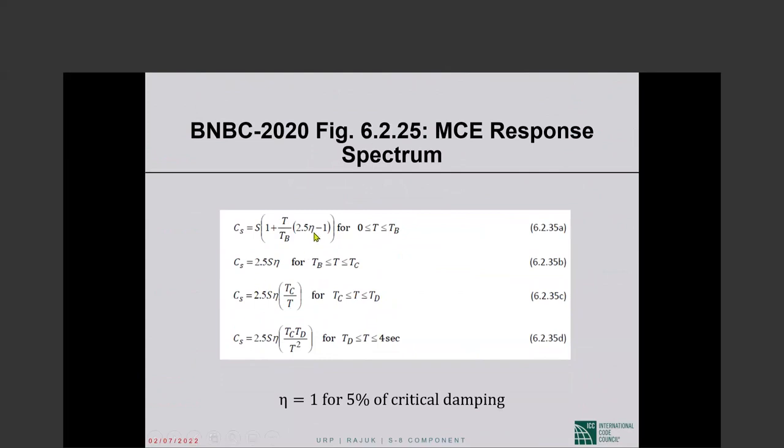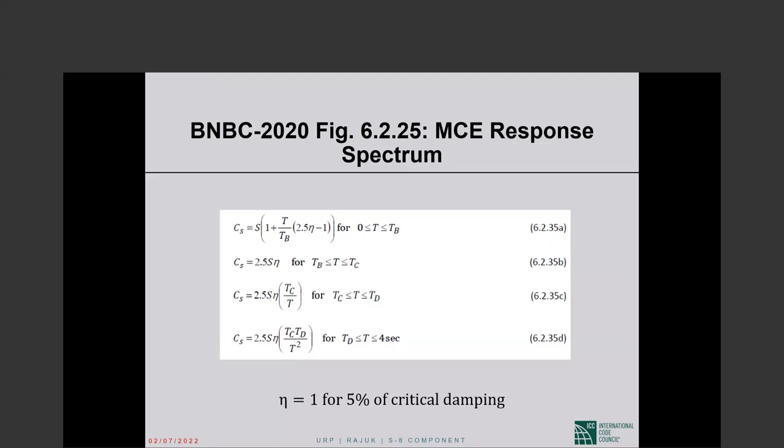The eta is a damping. This is typically not part of, this is definitely not in US codes. This is not in most other codes that I'm familiar with. So when we talk about design spectra, we typically assume 5% of critical damping.